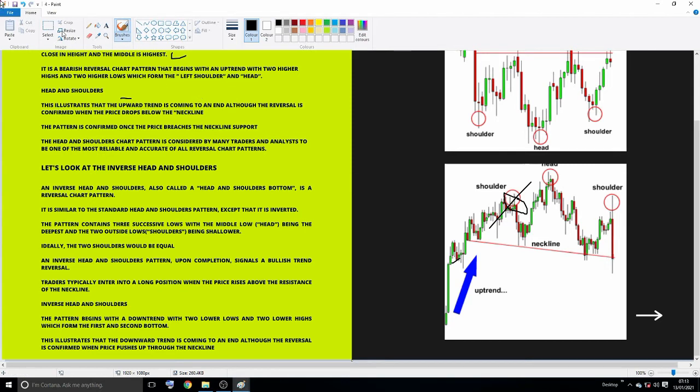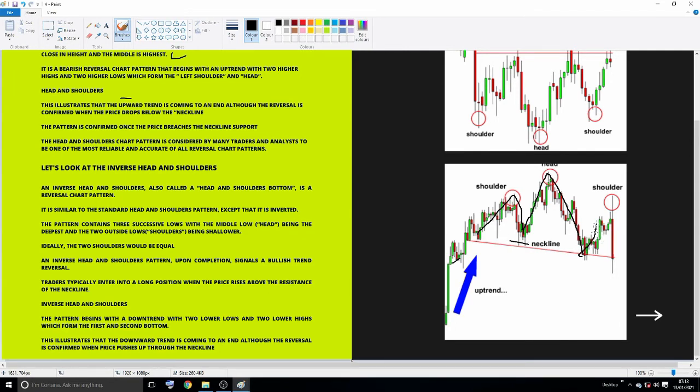We can call it the left shoulder, right? It pushed up, it drops here, it gives us a left shoulder, and then when it comes back, it pushes higher than the left shoulder, and then gives us a head.